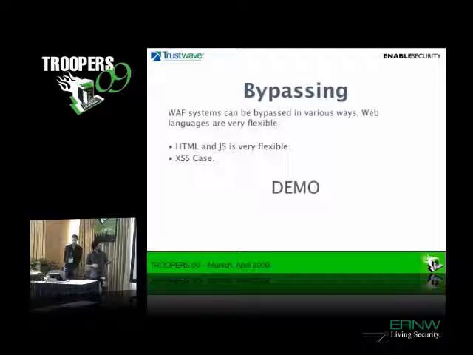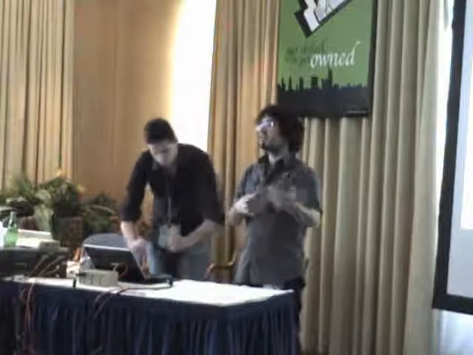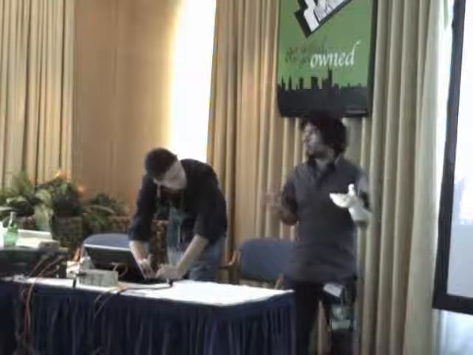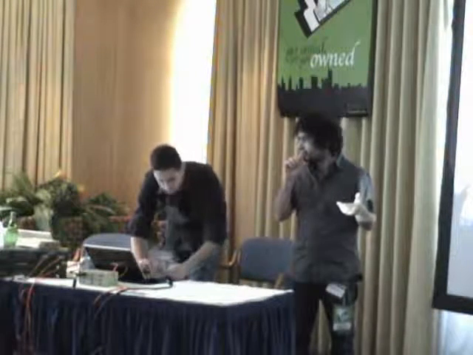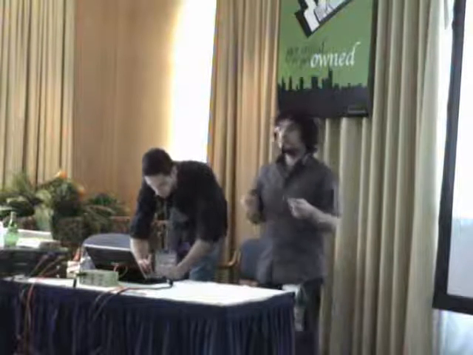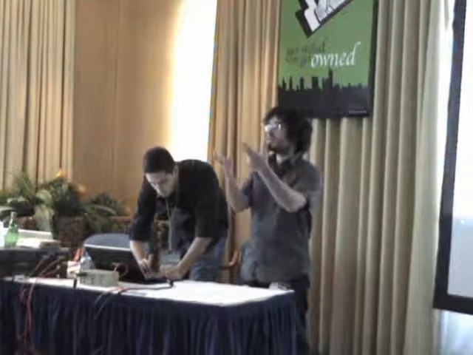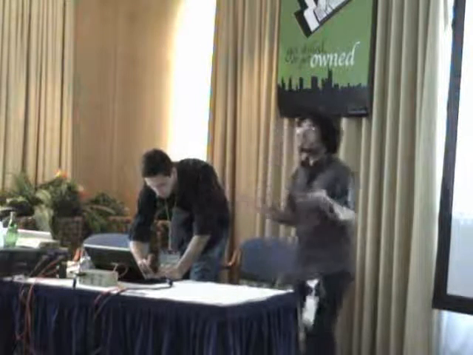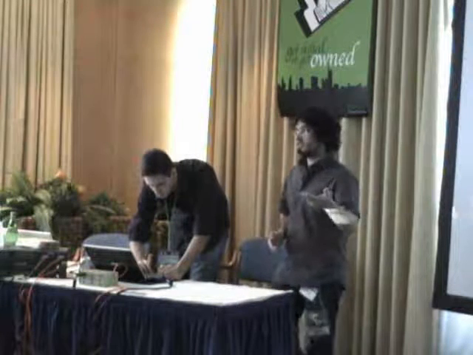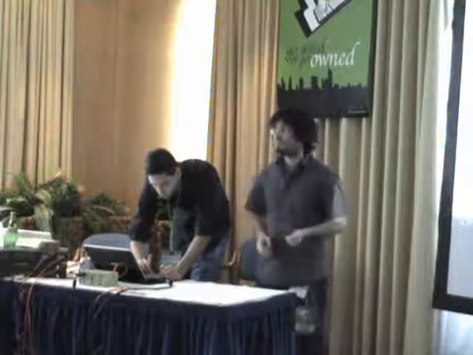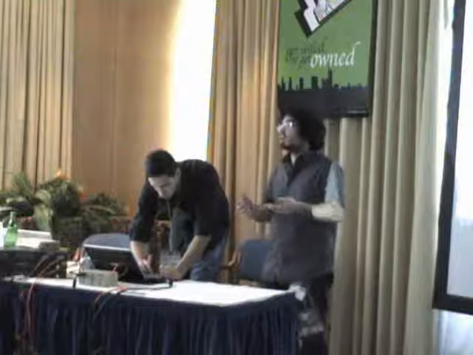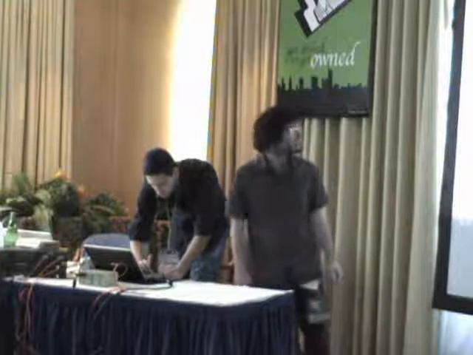If the web application firewall is looking for script tags, you might use some other way to insert JavaScript, and you might even bypass it by adding some characters where the HTML is still valid, but the rules in the blacklist approach don't match anymore, so the request is allowed and the attacker can still execute the attack.